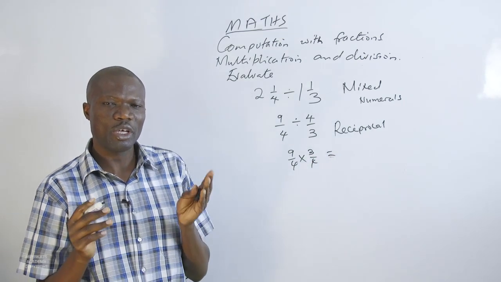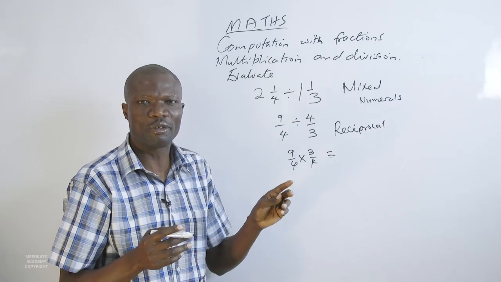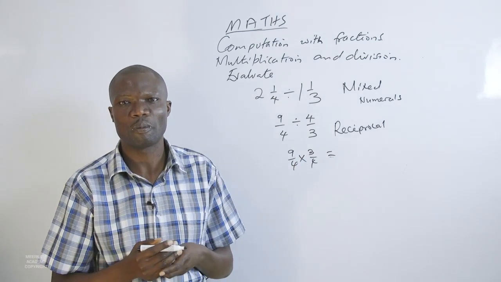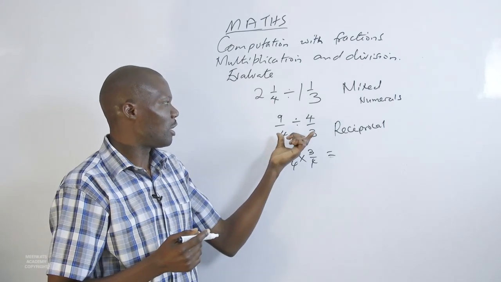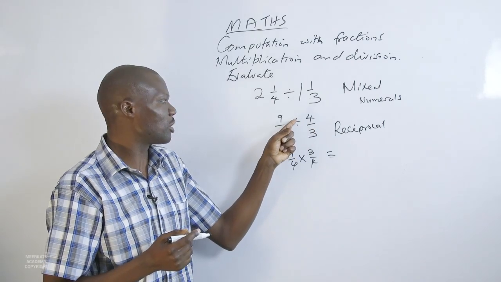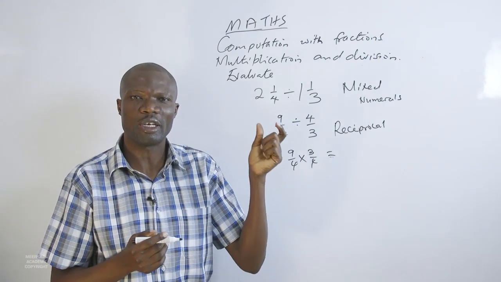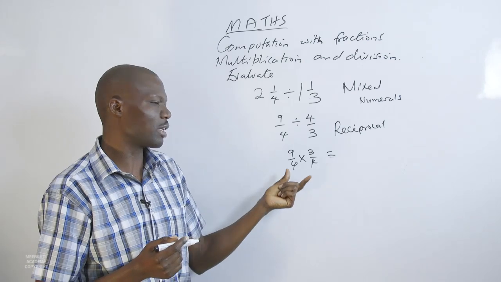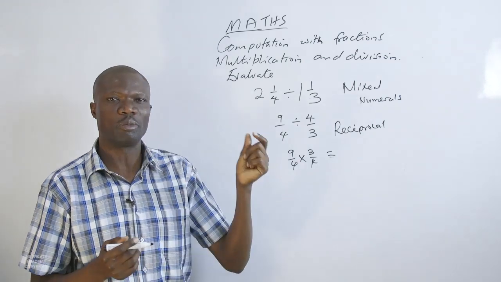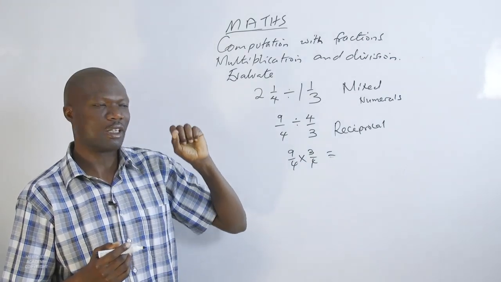So looking at them, do we have anywhere where we have common factors so that we cancel them? We don't. It was there here, but because it's a division, we don't operate like that. So at this point, we don't have those factors that will be common for both the numerator and the denominator.